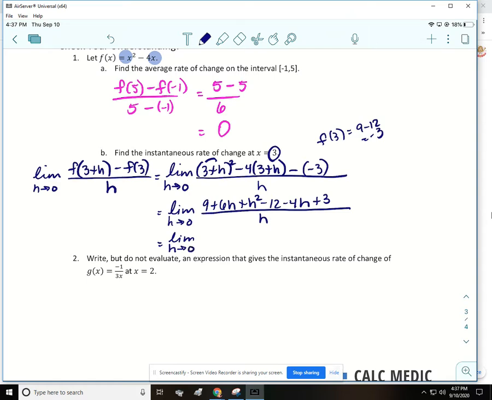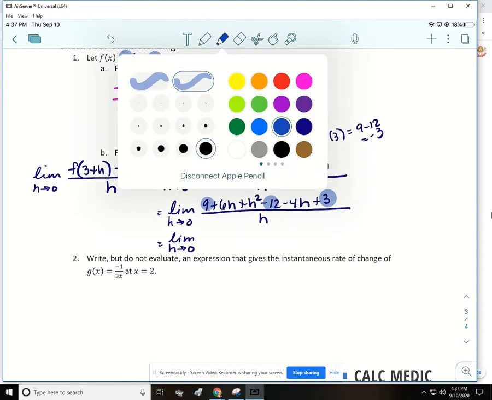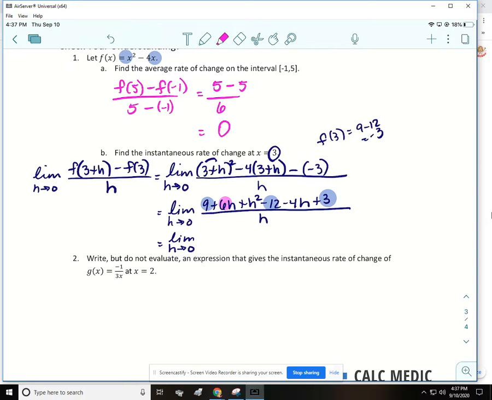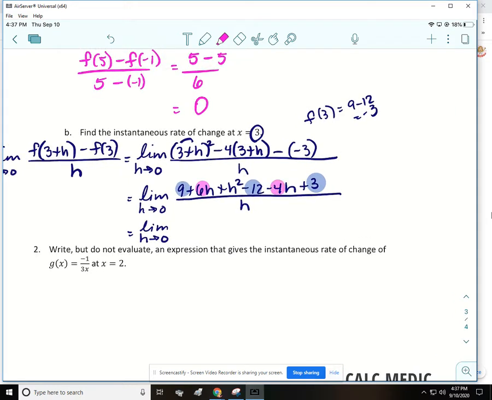Then I'll combine my like terms. 9 minus 12 is -3, plus 3 is 0. So my constants cancel out. Then I'll do 6h minus 4h. That should give me 2h, and then plus h squared over h.